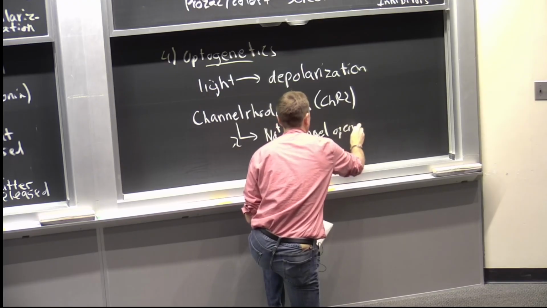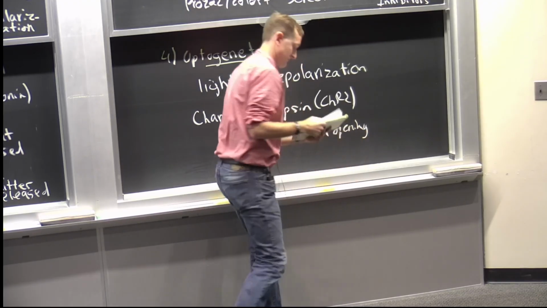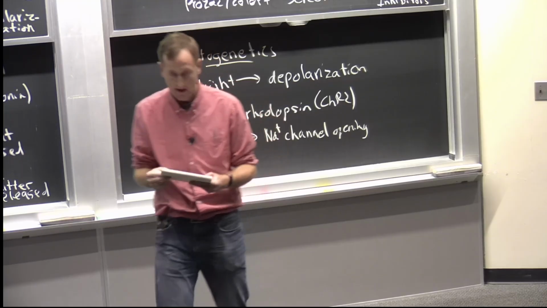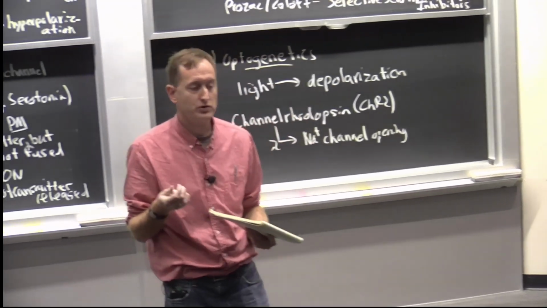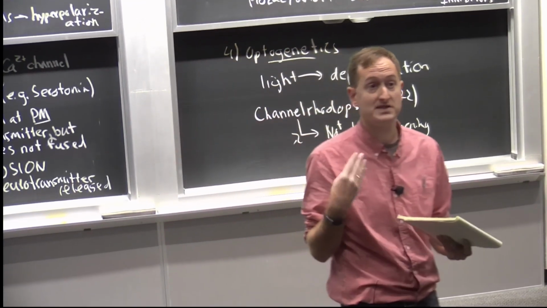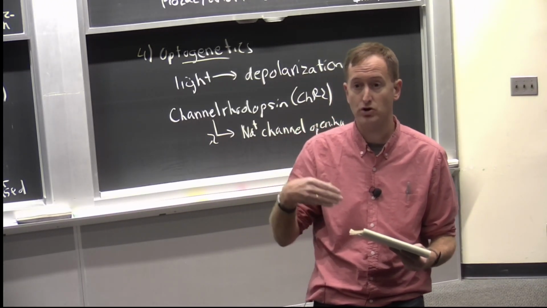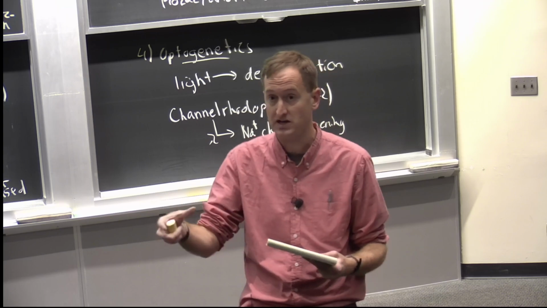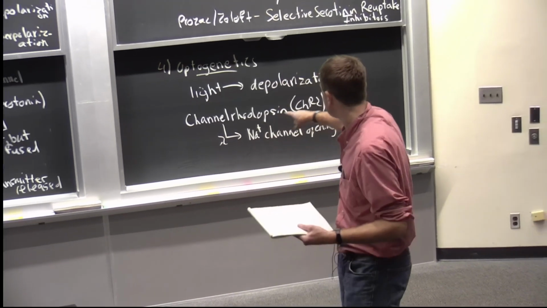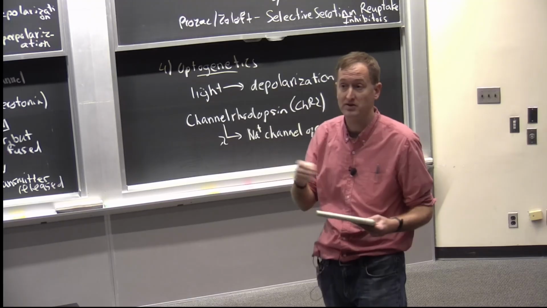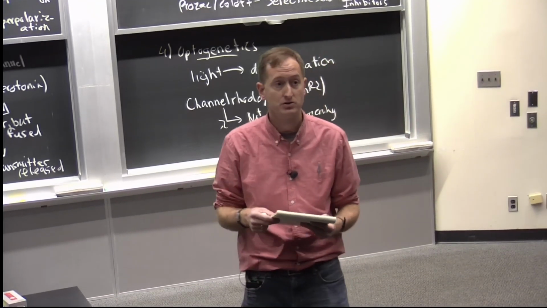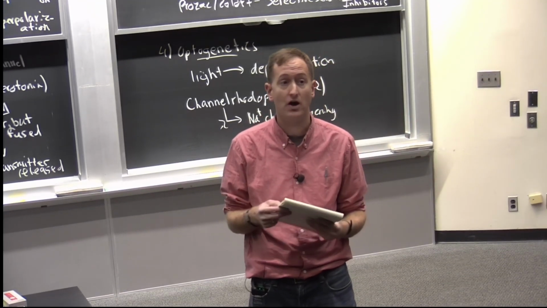Okay, so that's going to depolarize the cell. And what you can do is, if you have a gene that you know is specifically expressed in a certain type of neuron, you can take the promoter and enhancer region of that gene and hook it up to this single component channel rhodopsin, that open reading frame, using recombinant DNA technology.